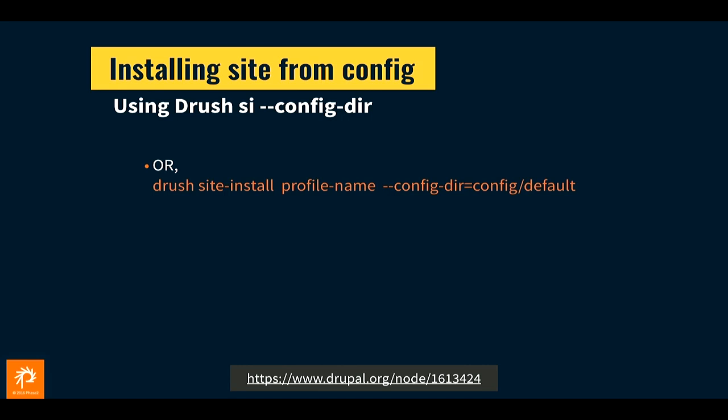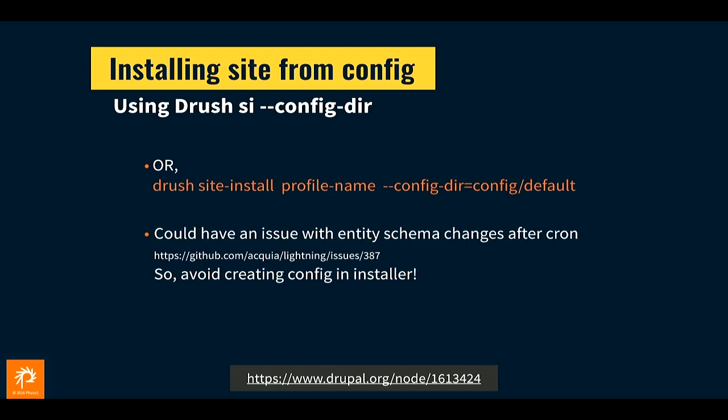And that almost works. And most people think it works, but what happens is this is the case where if you run cron, you can then have that problem in your system's status settings where if your profile created its own config, the config UIDs don't match, and so it thinks the schema might have changed. And I found this with Lightning, and there's an issue posted to the Lightning issue queue on GitHub.